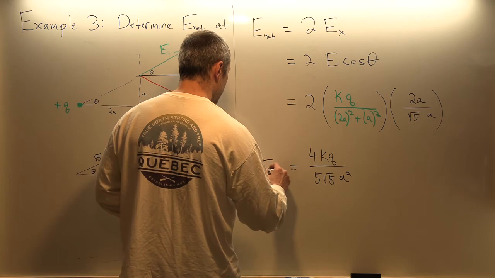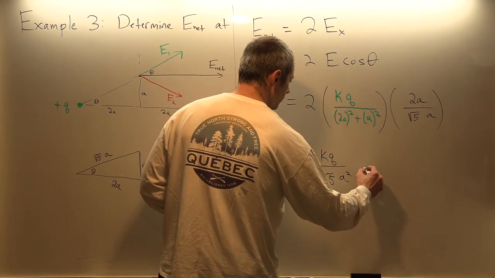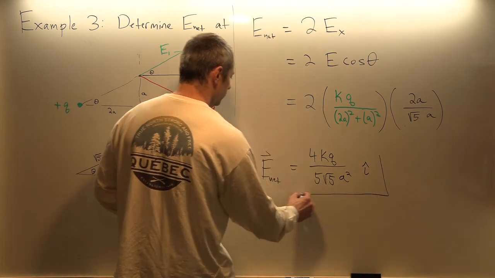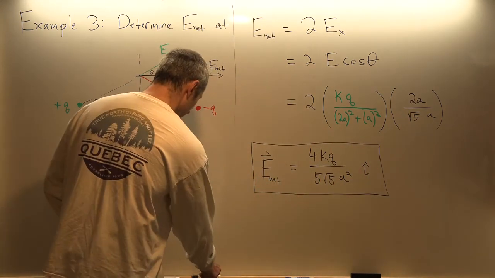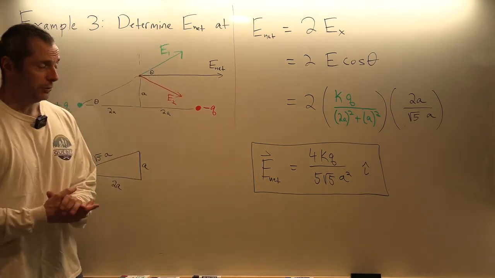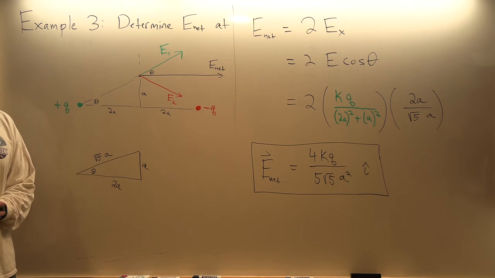And that is the E net. We could even, if we wanted to get fancy, include the direction with the i hat there. Alright, if you haven't had an opportunity yet, I'll pause to allow you to jot this down.